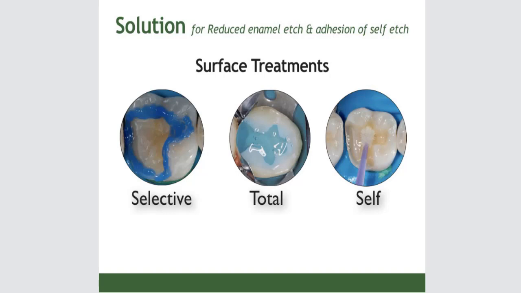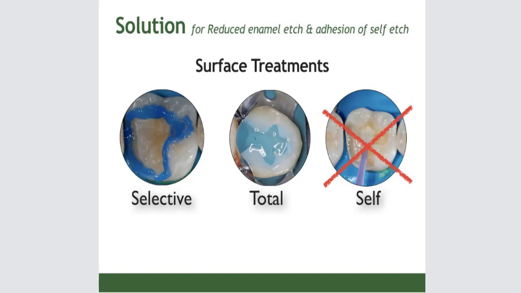I will say that I'm a proponent of not using a self-etch. So self-etch adhesive, I don't rely on the etch itself to etch enamel. It etches dentin very, very well. So I will rely on a selective or total etch strategy when I'm using any of my adhesives.